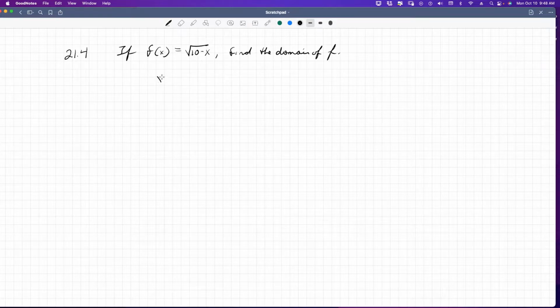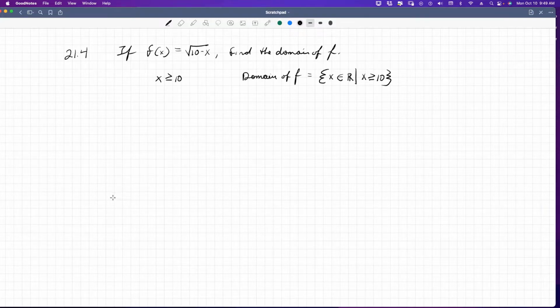So x is going to be greater than or equal to 10. That's our domain. Those are the values of x. So we would write that as the domain of f equals that x is a member of the set of all real numbers such that x is greater than or equal to 10. That's it. That is how you would write that.